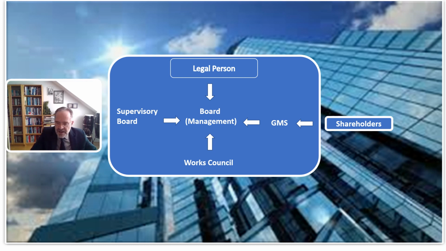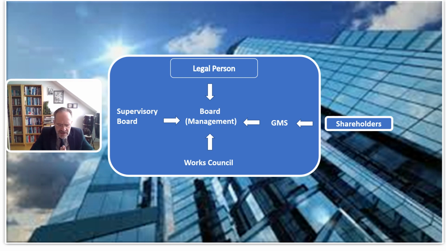They also play a role in the corporate play, the corporate drama. And finally, at the bottom, we see the Works Council, and the Works Council may also influence the decision-making capabilities, authorities of the board. So these are the persons in the game.